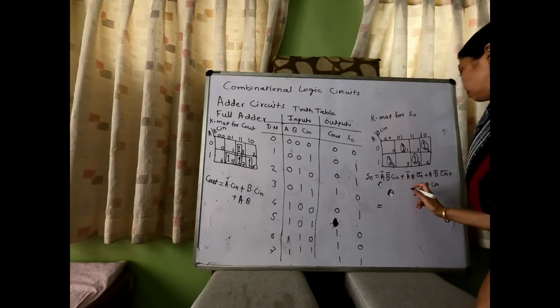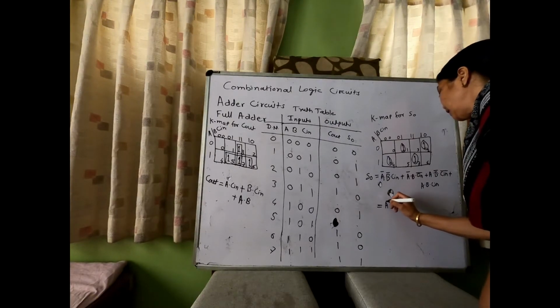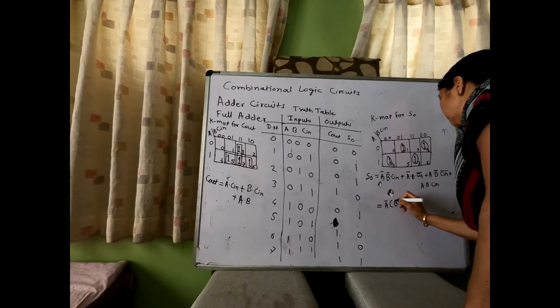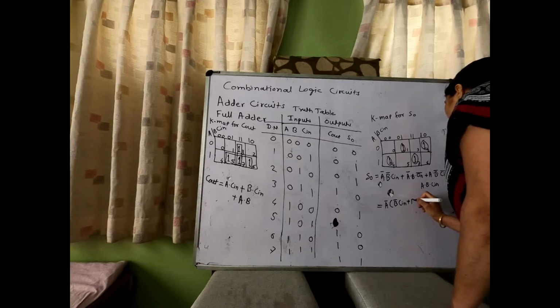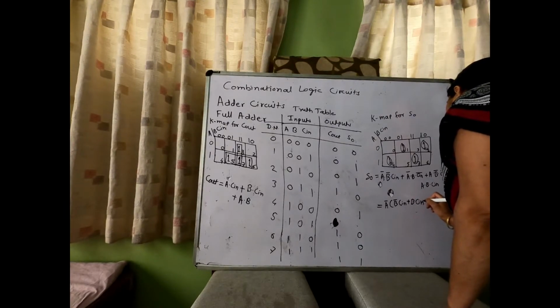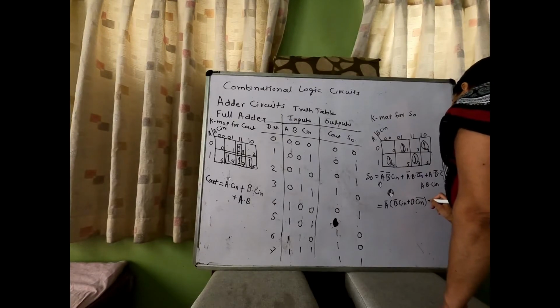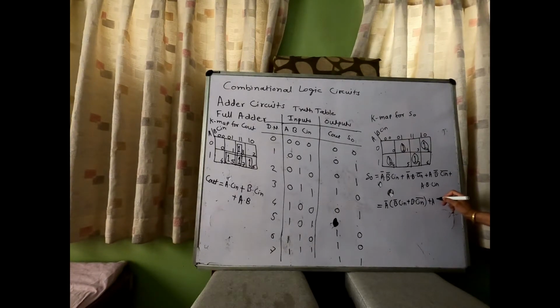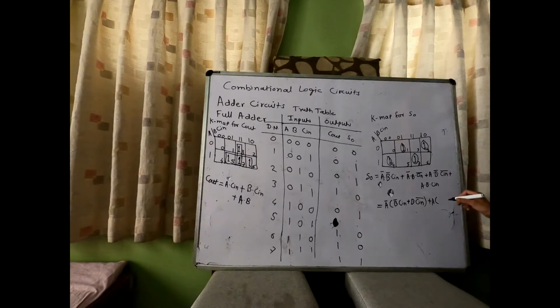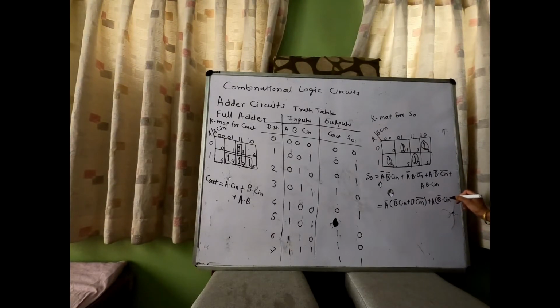Here in these two terms we will take A complement as common, remaining B complement dot C in or B dot C in complement. Then secondly we will take A as common, and here it is B complement dot C in complement or B dot C in.